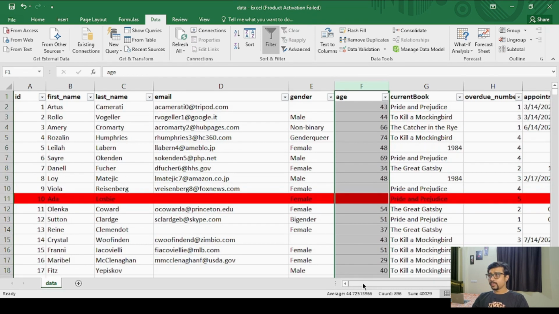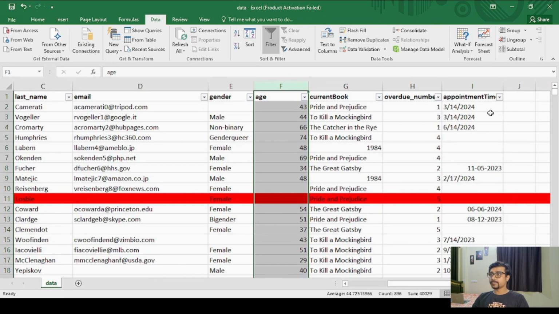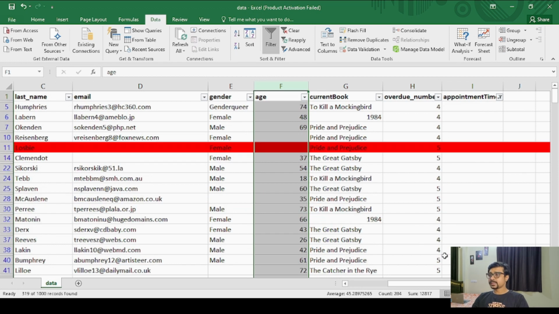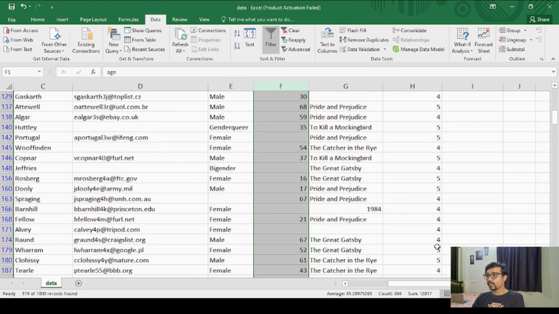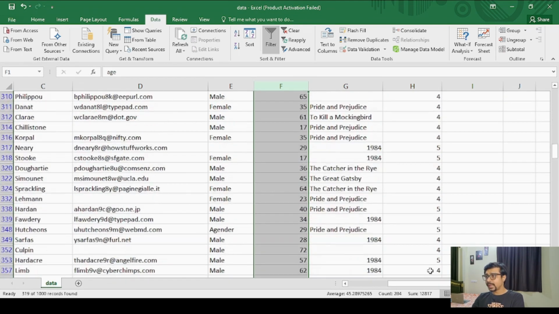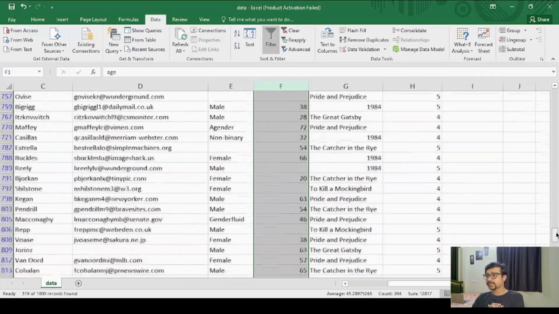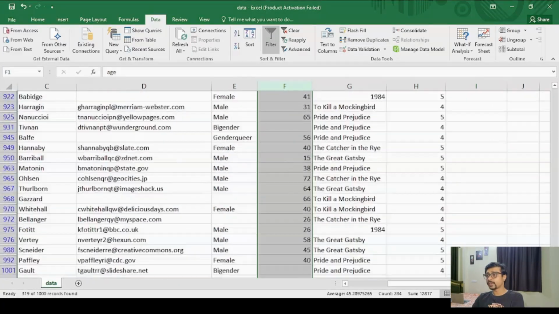Now you see the appointment time is blank. Let's see how many appointment times are blank. If I go here, for the blanks, in all the cases where you have more than 3 or 4 books, they have not filled it in. All of them were 4, 5, 4, 5, 4, 5.